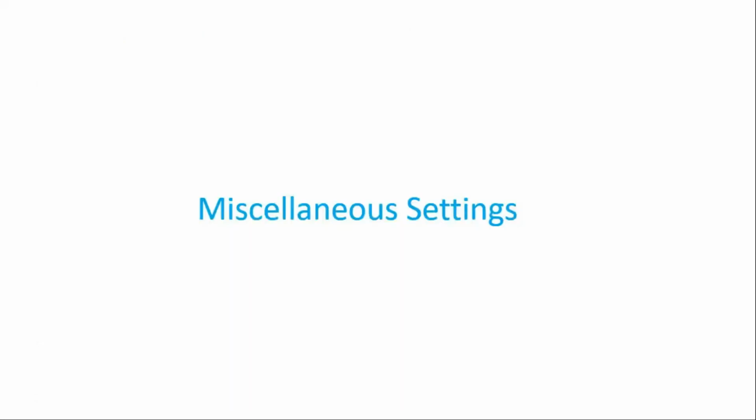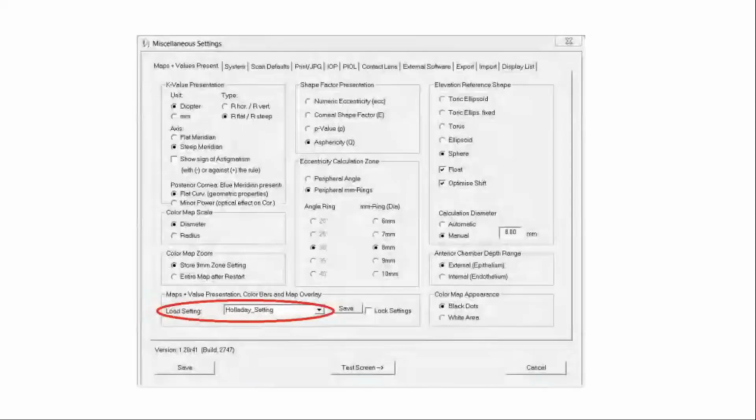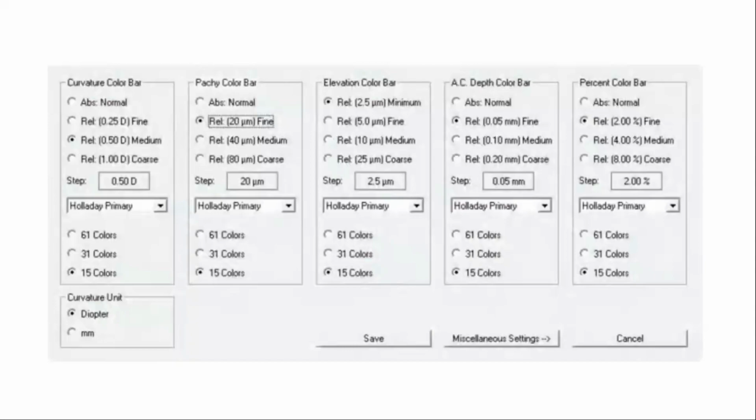And the miscellaneous settings available in the Pentacam are where we can adjust parameters like color map, scale, and zone appearance. We can also change the preferred elevation reference shape to best fit sphere or BFTA, best fit toric ellipsoid. When you right click on the color scale, there is an option to select absolute or relative scale and the color steps also.